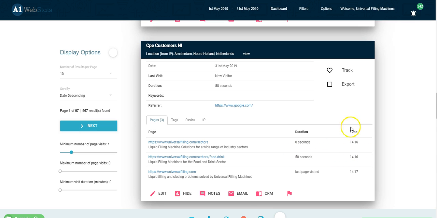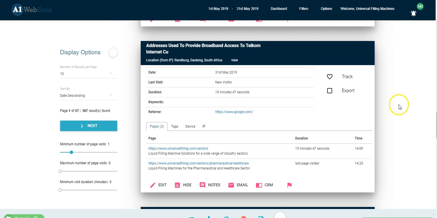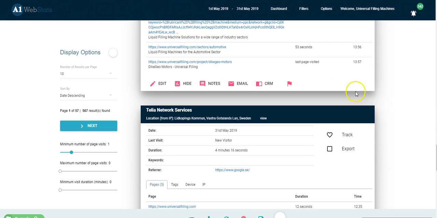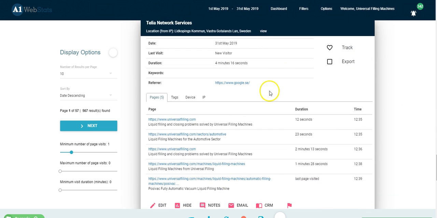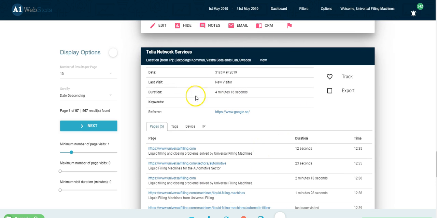You do have to wonder why. Now, all these people from other countries, you can see Netherlands, South Africa, there's quite a variety of people from around the world who are coming to the website, going through certain pages. This one is an example of someone who looked at the sector page, also went to a specific machine type page, but if they didn't make contact, we have to wonder why.